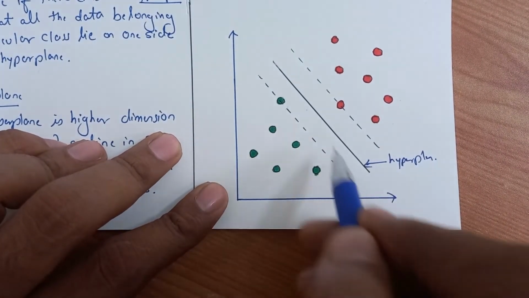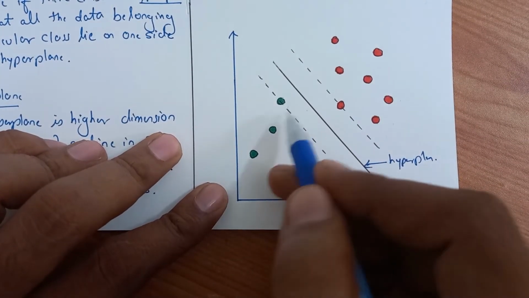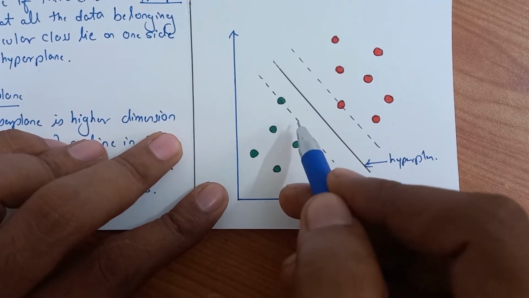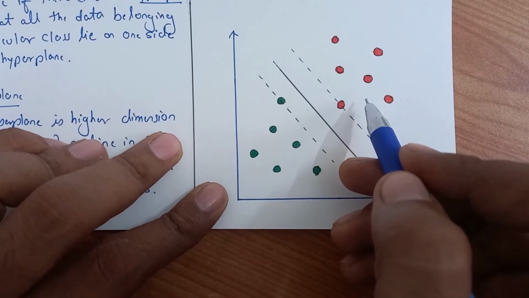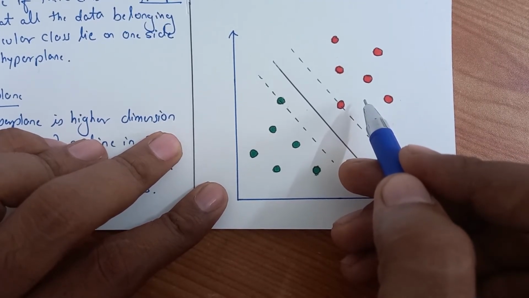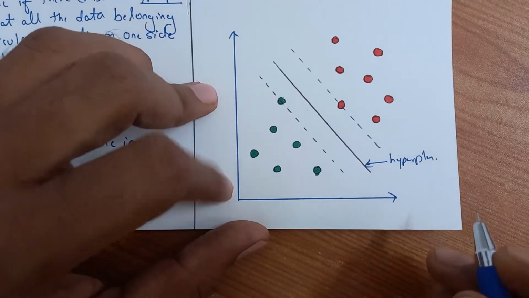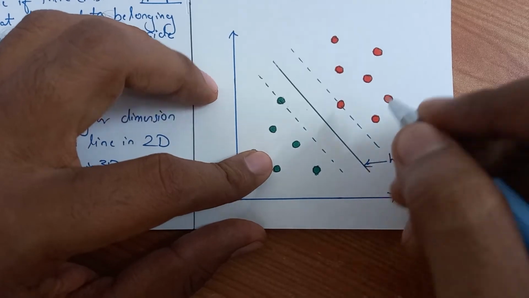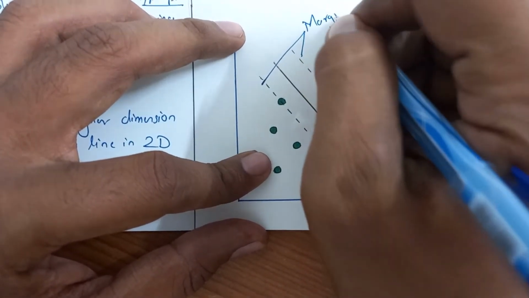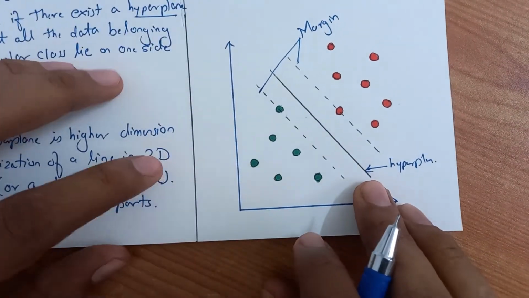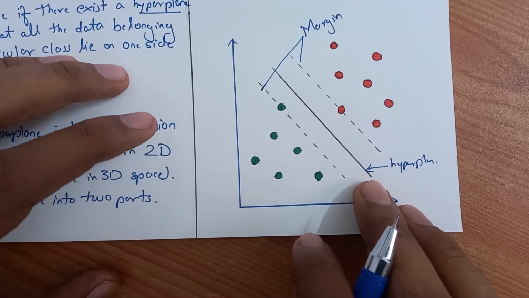So from here we can draw the margins, which say that all the points will lie beyond this margin. So margin of a hyperplane with respect to a data set is the distance of the closest point. Let me mark it for you all. So this is called margin. This is what we have to come up with. If we get the margin, we can get the final equation of the hyperplane in between.